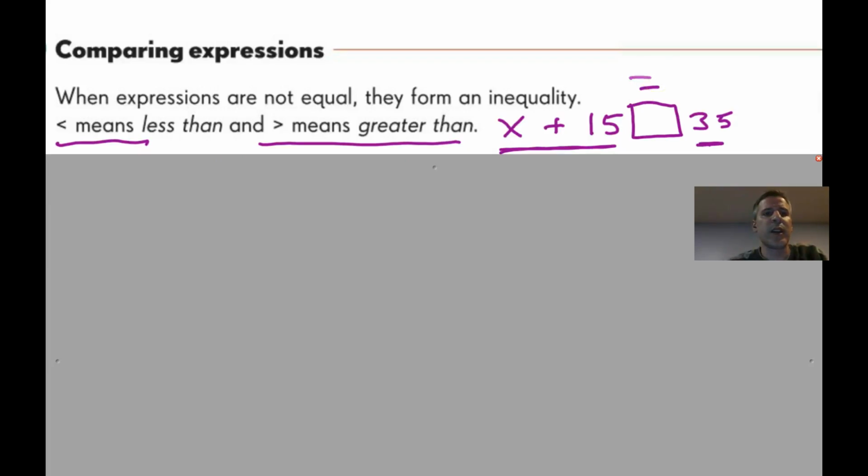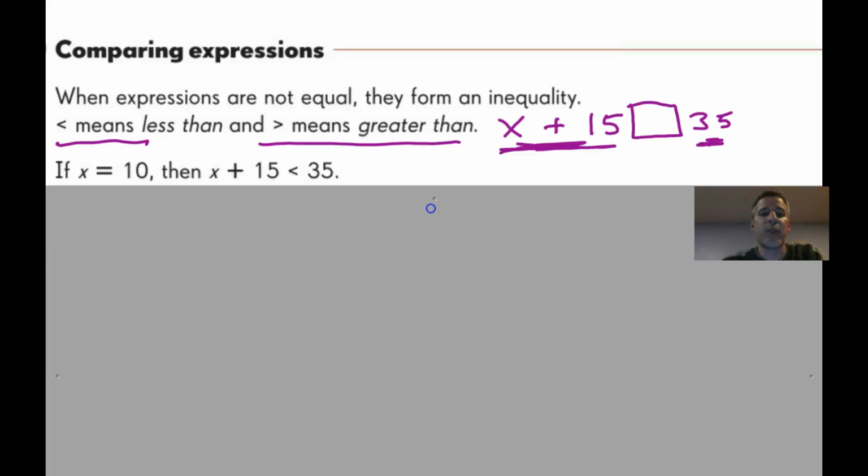We're focusing on how we can compare this algebraic expression with this value, figuring out x. So like this example, if x is 10, well, I know x plus 15, 10 plus 15, is going to be less than 35, because 10 plus 15 is 25, so that's going to be less than 35.